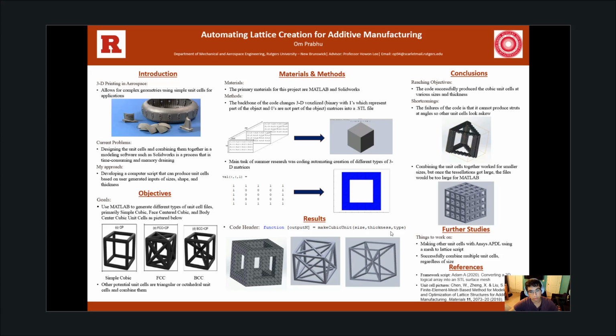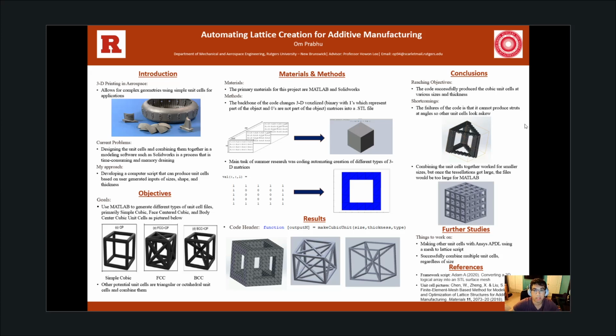Unfortunately, the triangular and octahedral unit cells did not go well, for reasons I'll explain later. And tessellating them, or combining a bunch of them together to make actual complex geometries, I faced problems. So as you can see, I reached the objective of producing the cubic unit cells at various sizes and thicknesses.